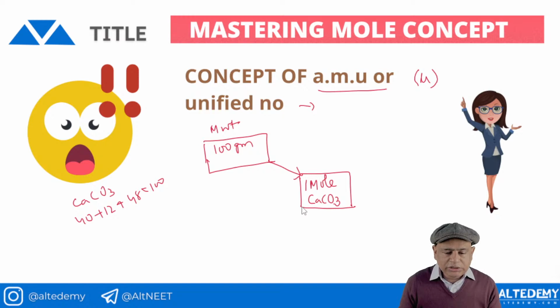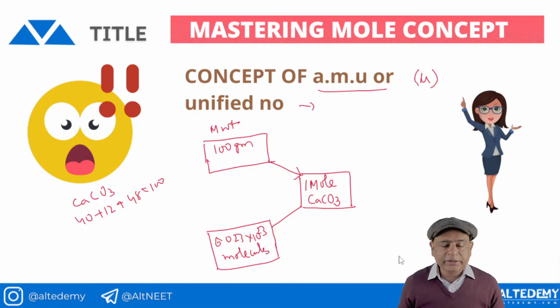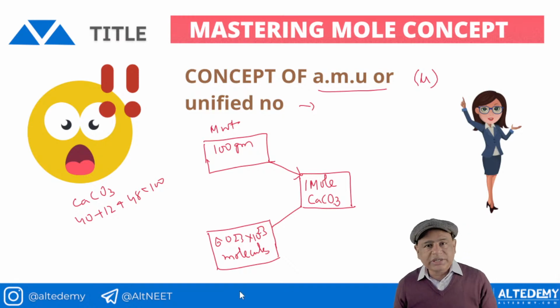Now, second thing, it is having 6.023 into 10 to the power 23 molecules. Now the question is something twisted.